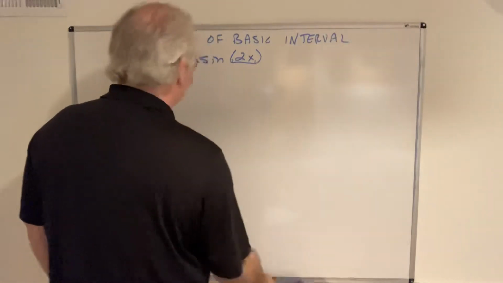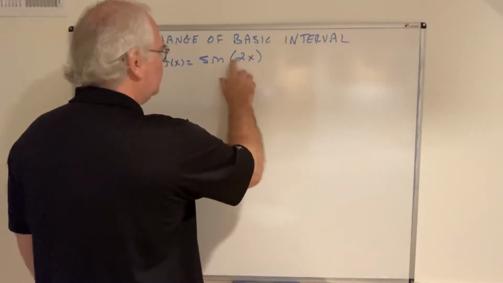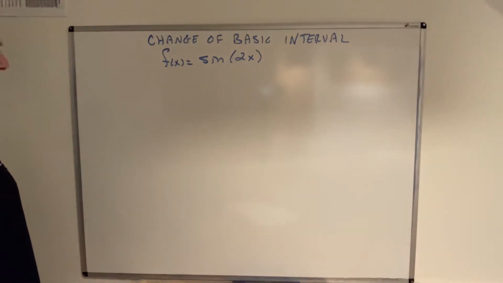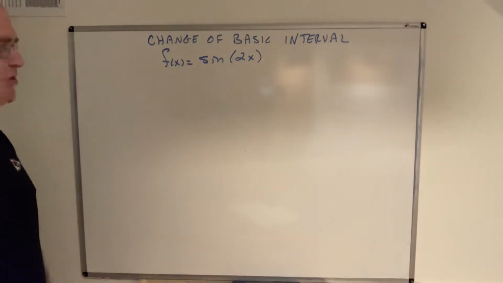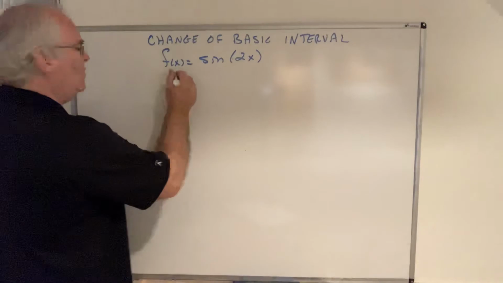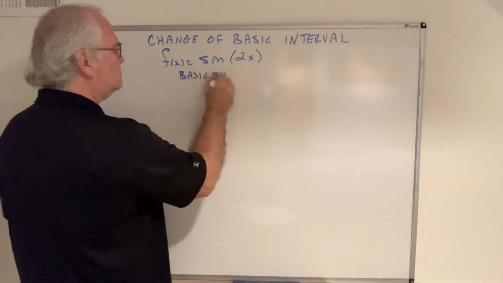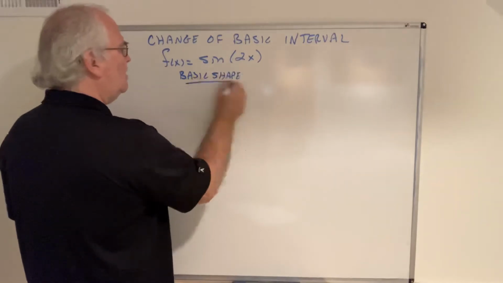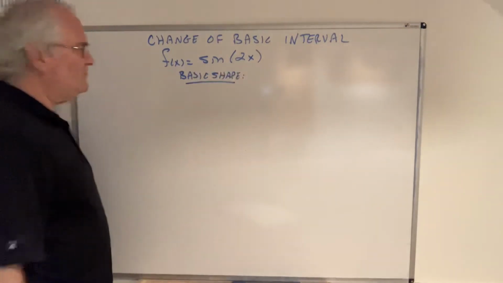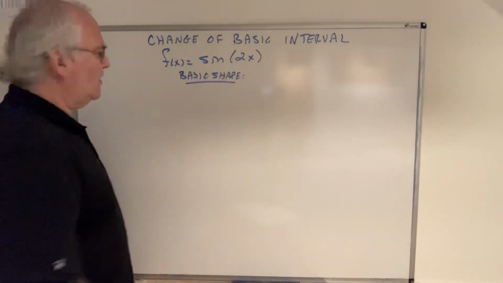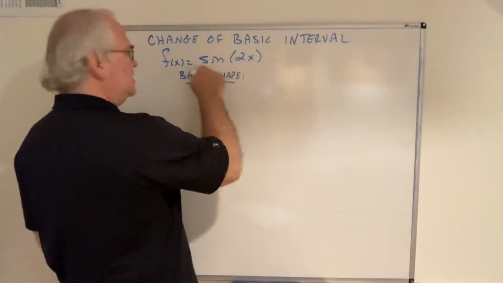So here we are. We're going to graph f of x equals sine of 2x, going down exactly the same checklist as we did before. What is the basic shape of sine of x? The basic shape of positive sine.